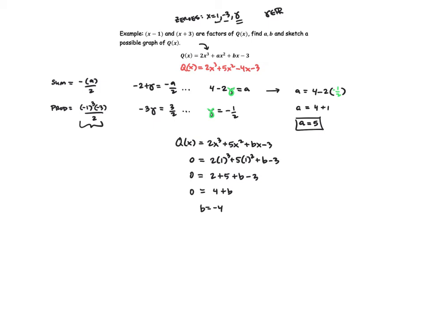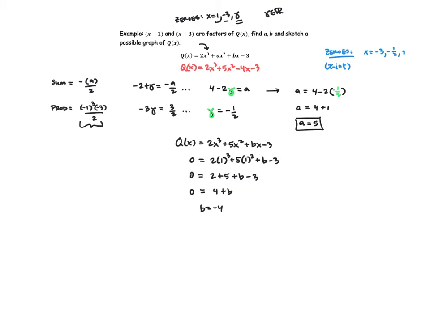Now my 3 zeros are all real. Let's put our zeros in blue here. And of course the zeros are where we would typically call our x-intercepts, and they exist at x equals negative 3, negative a half, and 1.